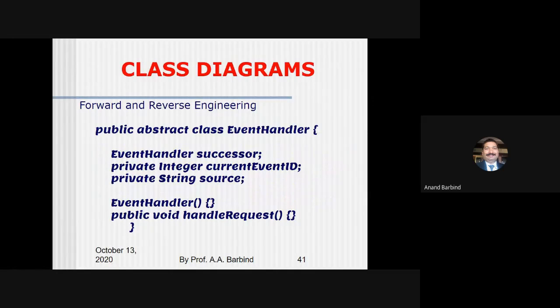What is the advantage of forward engineering? From the design you directly move to the construction or implementation, and if your model is strongly specified, then you get most of the code, most of the implementation. So you need to write only the rest of the code so that your system becomes functional. Forward engineering gives you code which is consistent with your model.